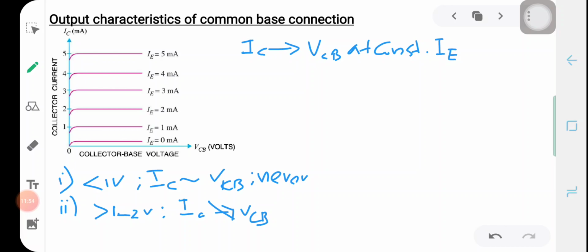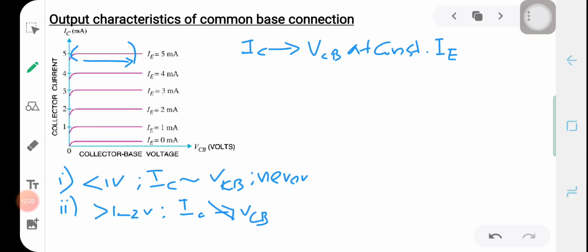We can say that a large change in the collector base voltage will produce only a very tiny change in the collector current. If you consider this diagram, you can say that this is almost constant. There is not much change in the collector current.